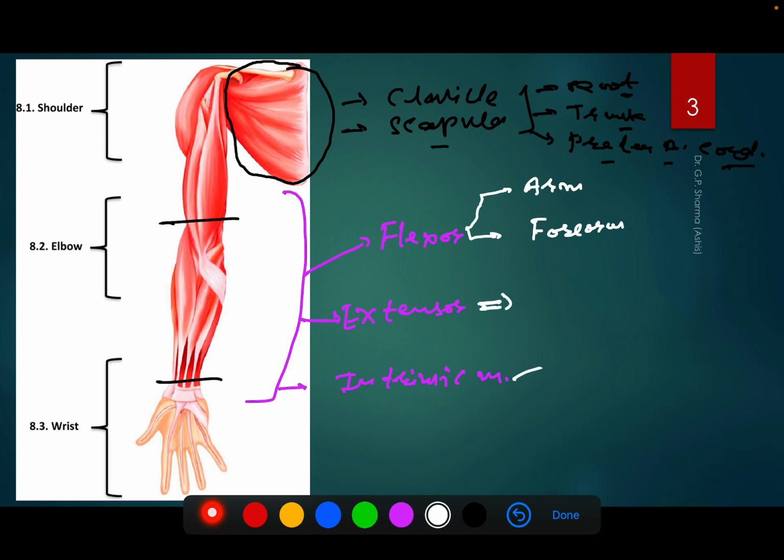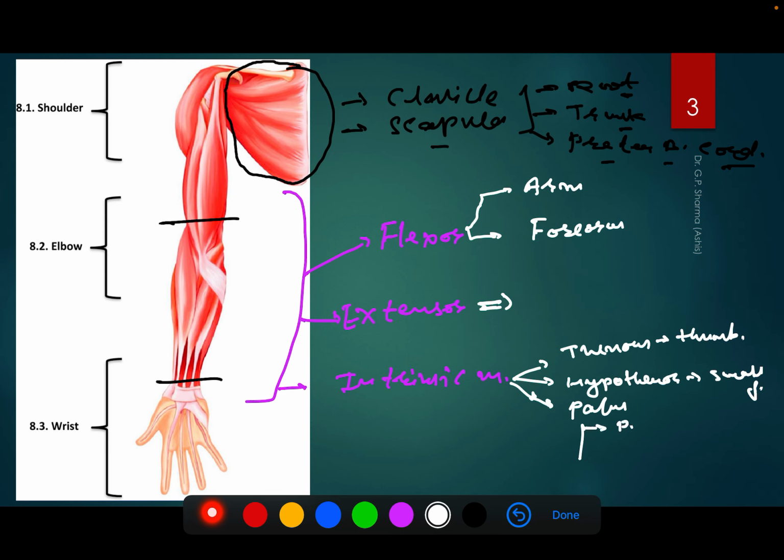And intrinsic muscles will divide into different groups, like the thenar. Thenar means base of the thumb, towards the thumb, that is thenar. And we have the hypothenar, that means towards the small finger, that is my hypothenar. Another one, in the palm we have three groups of muscles, that is palmar interosseous, next one is dorsal interosseous, next one is lumbricals, right? So we divide this way.